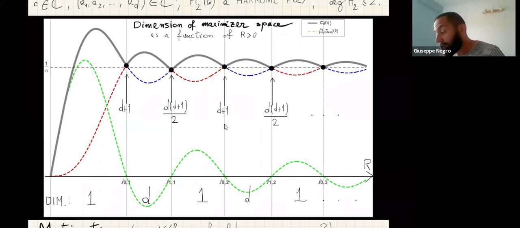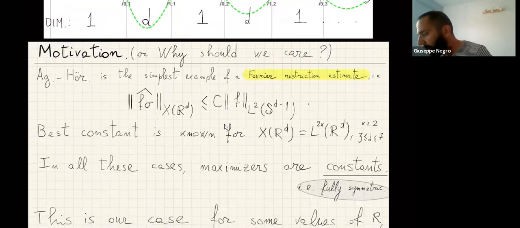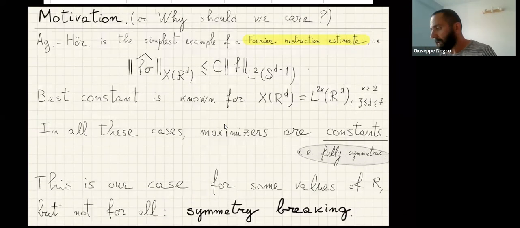And then we have spaces of d maximizers which are polynomials of degree 1, so less symmetric maximizers. And here at these points we have maximizers which are even less symmetric, especially at these points here, where we have a rather big, surprisingly for me, big amount of maximizers. This is more or less what I tried to explain in this slide here.